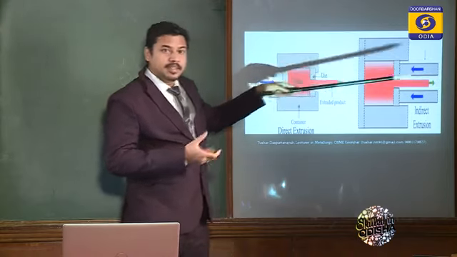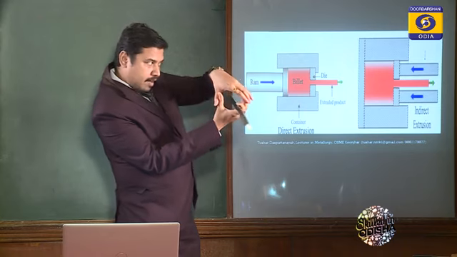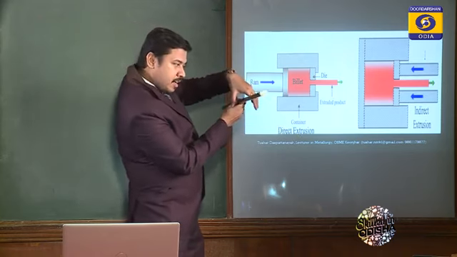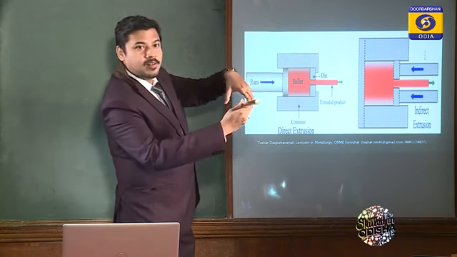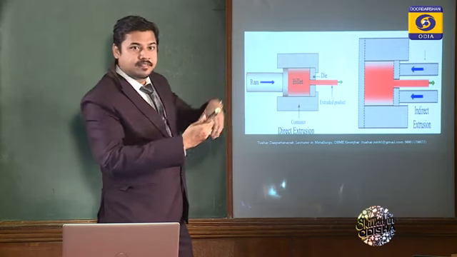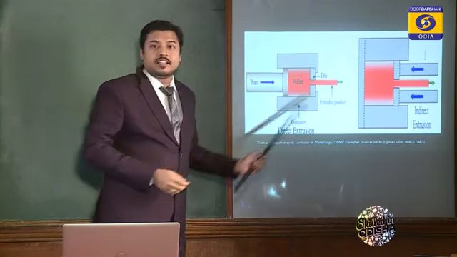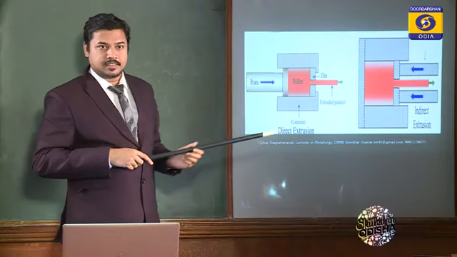That means we have to use a hollow ram, so that as I'm pushing the metal, the product will come out through the hollow ram. Can you get the difference? This is the major difference. Force and extrusion product in the same direction, direct extrusion. Force and the product in the opposite direction, that is indirect extrusion.